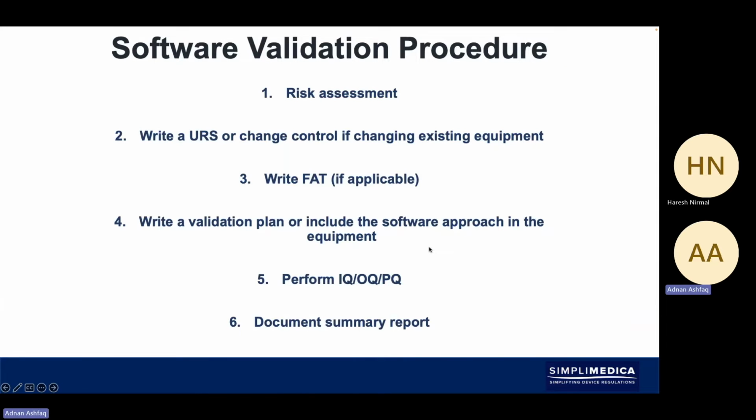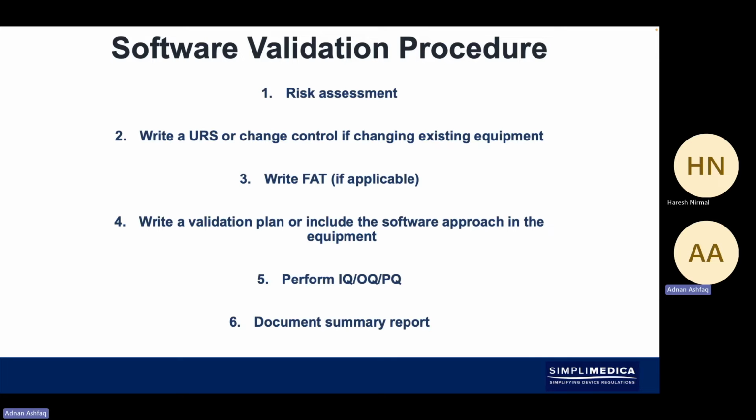So as you can see, it talks a lot about risk, about a risk-based approach. We always begin with a risk assessment. We will then write a user requirement specification, or if it's already an existing validated process, we will look at change control for existing equipment. We will also look at writing a factory acceptance test protocol if it's applicable.